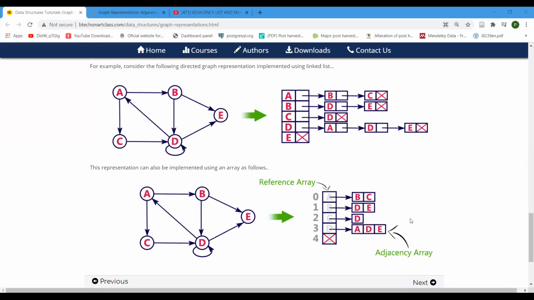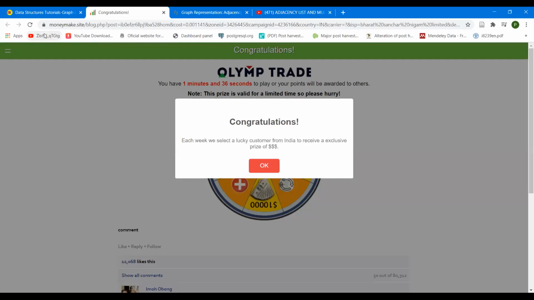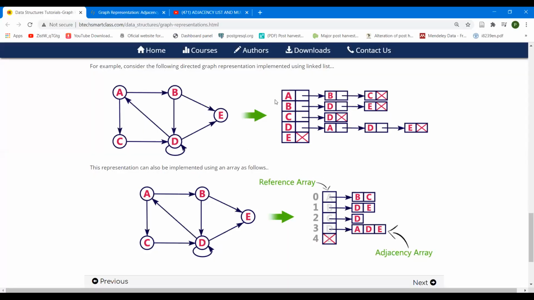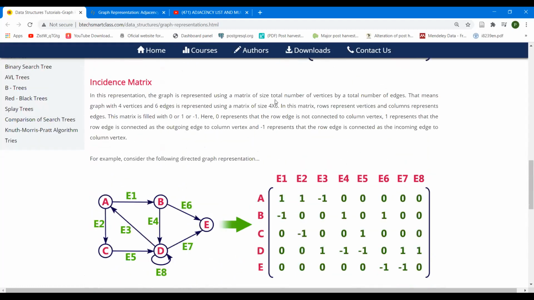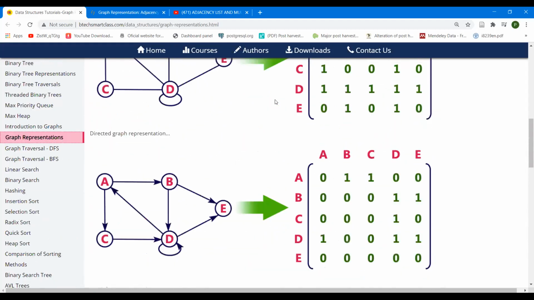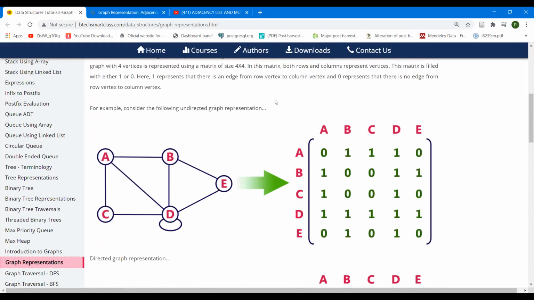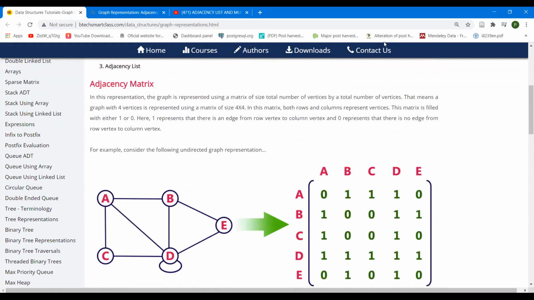Okay, see, actually this is the first way of representation, adjacency matrix. This is the example of adjacency matrix.